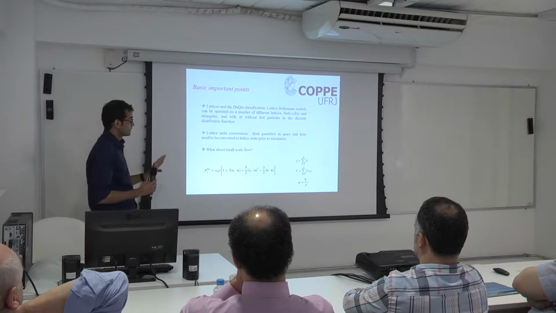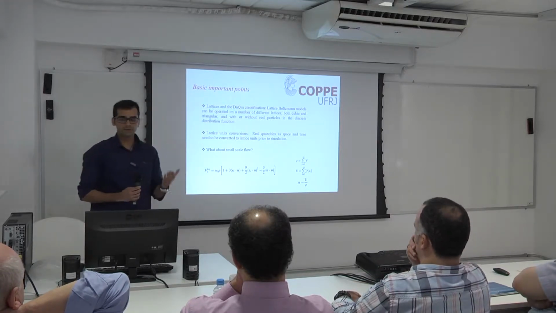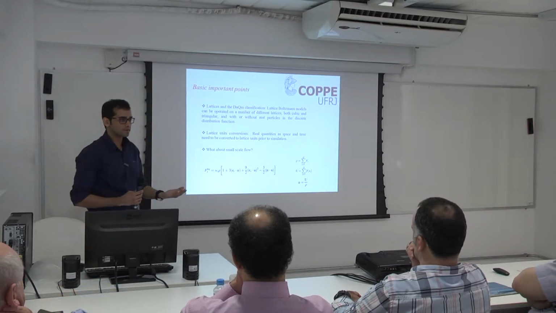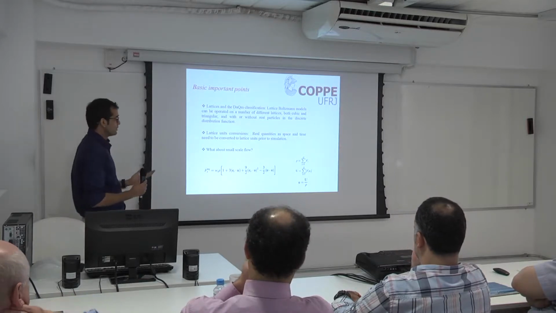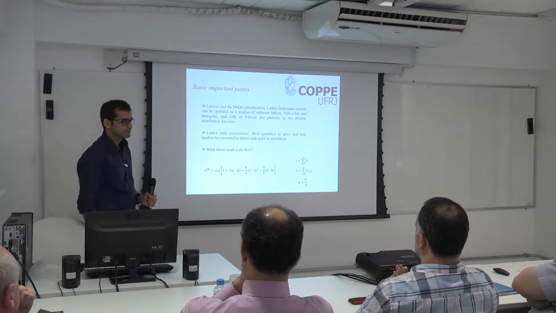So, like I said, in Lattice-Boltzmann, we don't deal with dimensional quantities. We deal with lattice quantities, or lattice units, I would say. So, what happens with the spacing and what happens with the time?